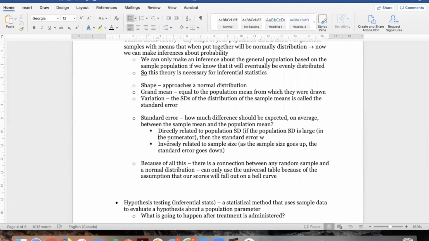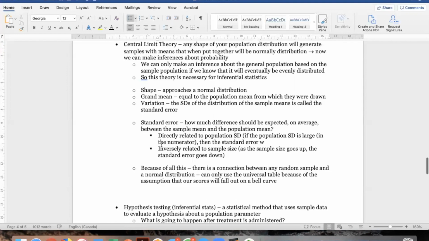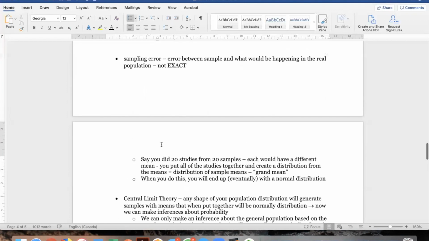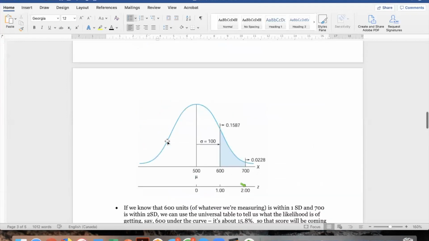So if you have, again, 100 studies on do vaccines cause autism, you've compiled them all, you've put them all into a Z-score, so they're all in the same language now, and you come up with a distribution, like a distribution chart like this. You don't use a standard deviation, you use a standard error.